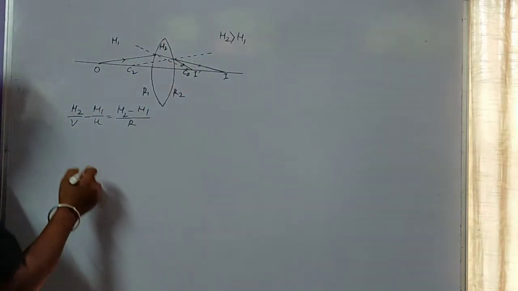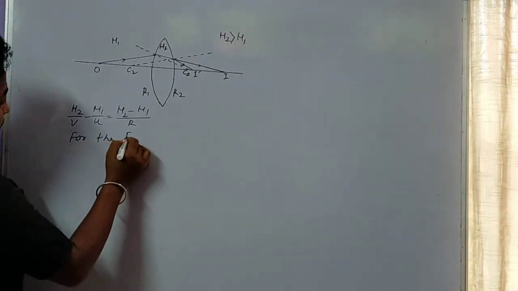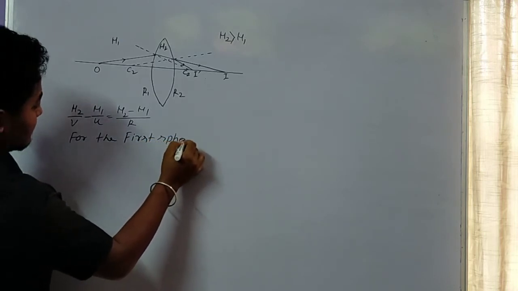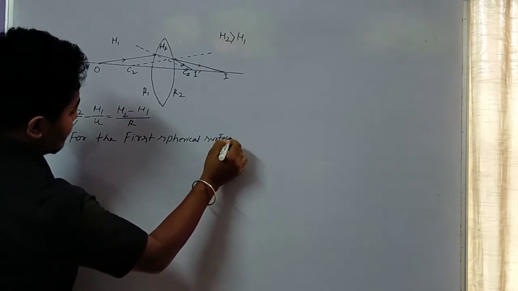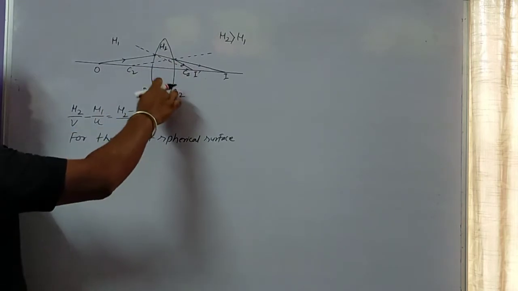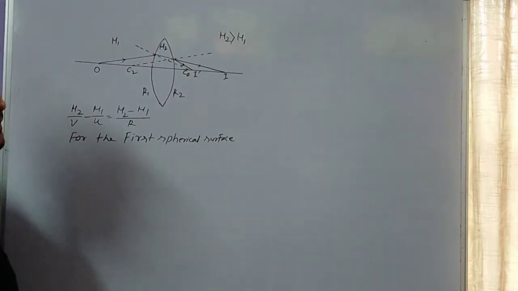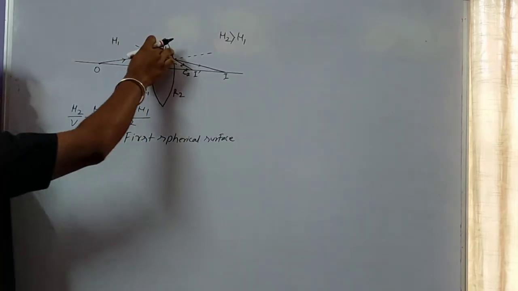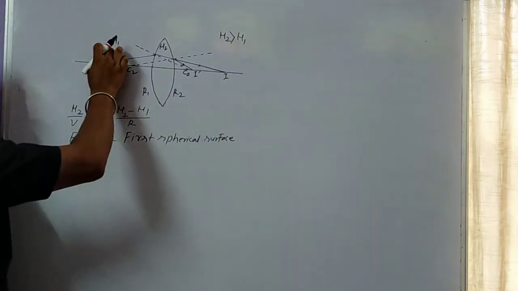Now for the first refracting surface, you can write for the first spherical surface. In the case of the first spherical surface, you need to see from where light is entering. Light is entering from mu1 to mu2. Remember, for the first refracting surface, light is entering from mu1 to mu2.